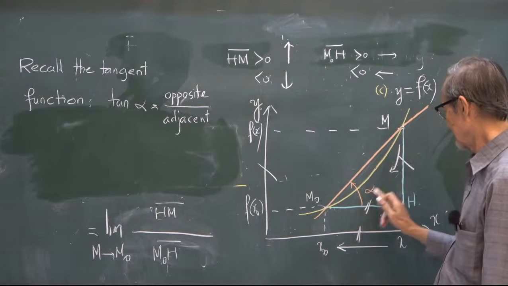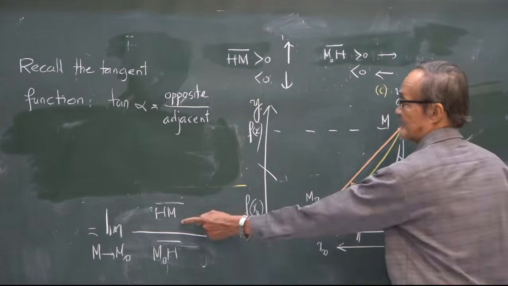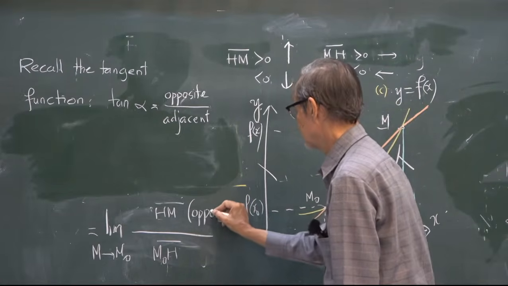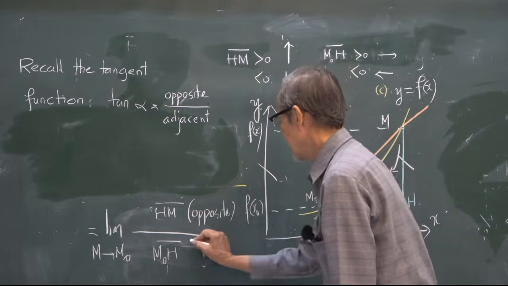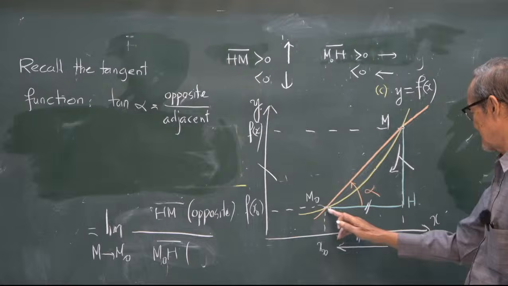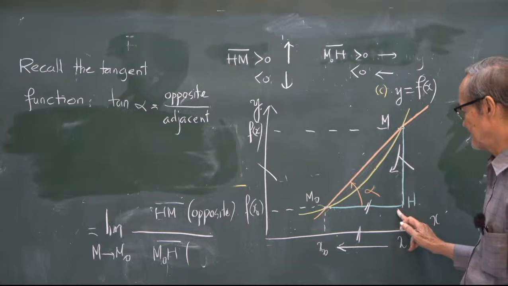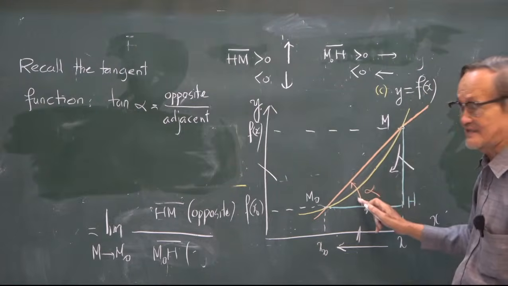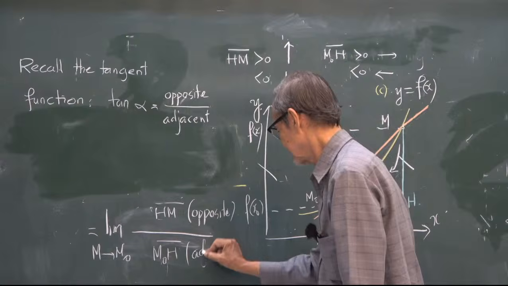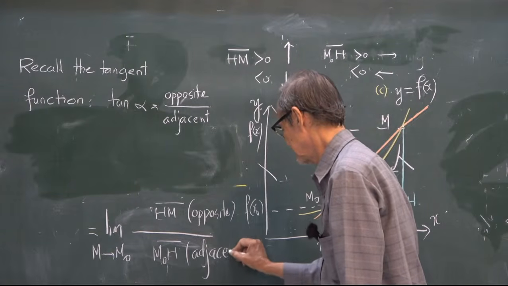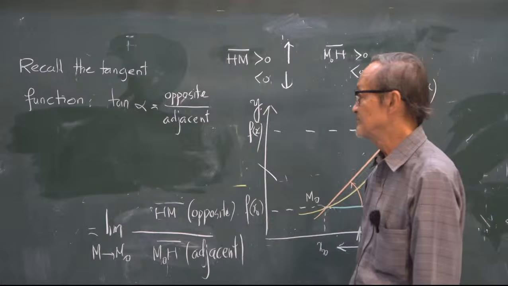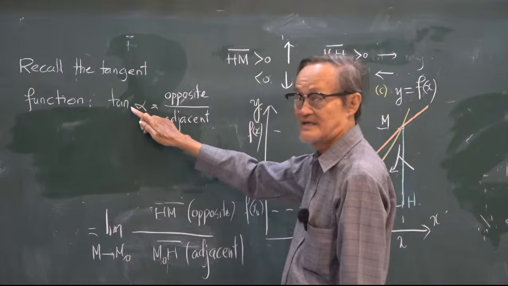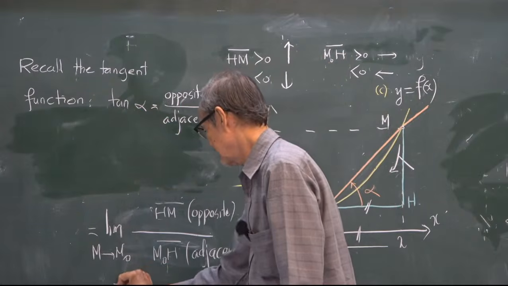Opposite of alpha here, HM, opposite. And M0H as adjacent of alpha. Okay, so this fraction equals tangent of alpha.